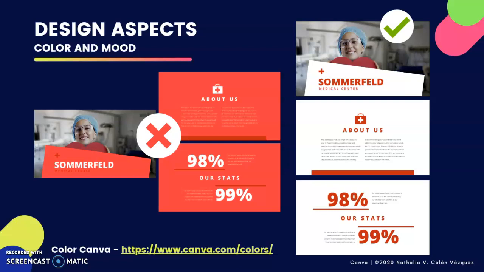So here we can see how we go from a completely red and somewhat loaded presentation to a presentation that follows the same topic, the same design, but uses red as an accent and stays with white as a base color. A combination of a strong color and a neutral color, making balance.